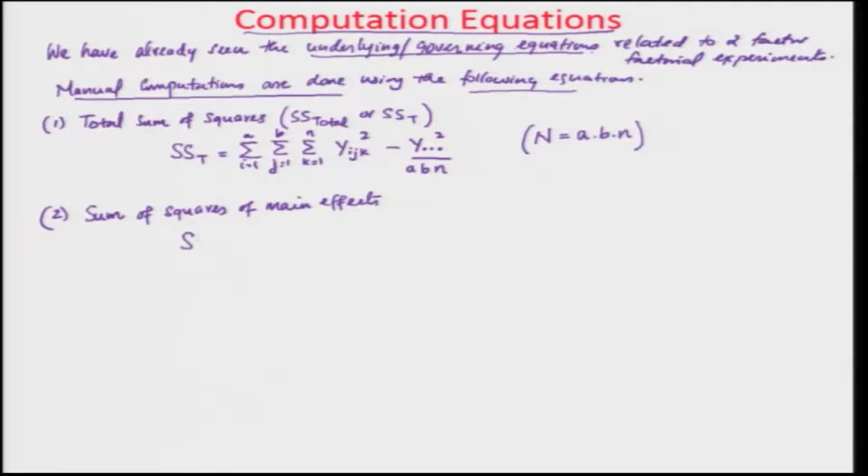That is calculated by SS of A, the sum of squares of factor A, equal to 1 over bn, where b is for the factor j, the column, and n is for the replicates, sigma i equals 1 to a, y i dot dot squared, minus y dot dot dot squared over a times b times n.